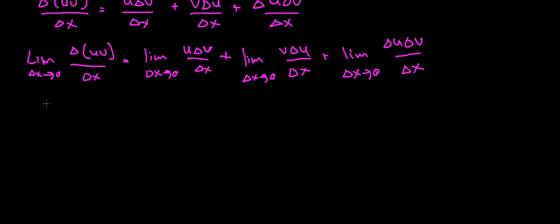So this will simplify to d dx of uv, and this u will be pulled out in front. My v's and u's almost look the same.